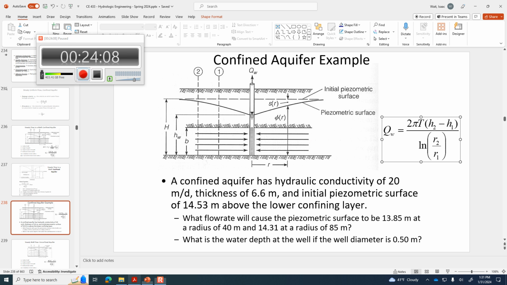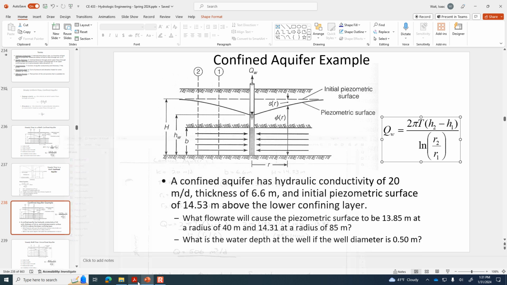All right, so let R1 be 0.25, let H1 be unknown. We know the Q, we know H2 and R2 depending on which one we pick.